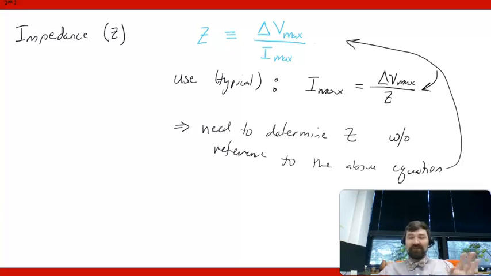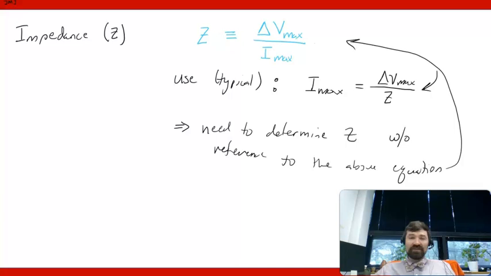Therefore, it can't have any other unknowns in it and still be a useful equation. So Z has to already be known to properly use this equation in this form. But that said, this is how Z is defined.